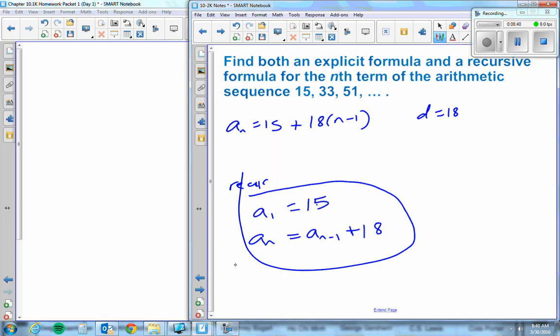Because, and I'm glad you brought that up, if I just said generate a sequence where you just increase each term by 18, you have to have some starting number, because you can find all sorts of different sequences that follow that pattern, right? So yeah, with recursion, you have to have both parts. What do you start with, and then how do you generate the sequence from that? Okay? And so, if a test question asks for the recursion formula and you don't give both parts, well, I can't give you credit, because it's not full credit.